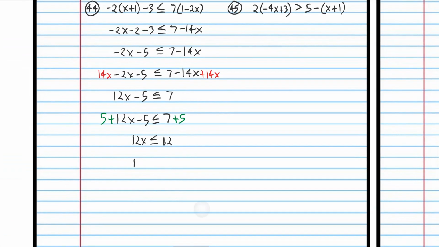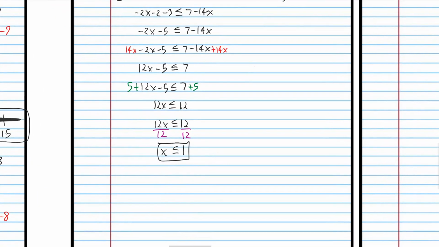And thankfully we don't have to flip the inequality sign because we're not multiplying or dividing by a negative. So we get x is less than or equal to 1.